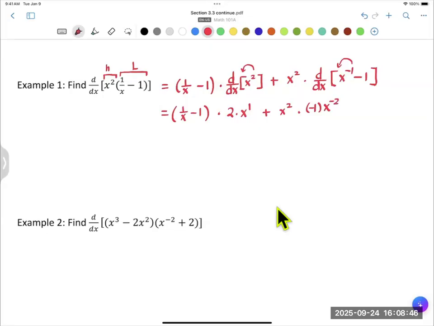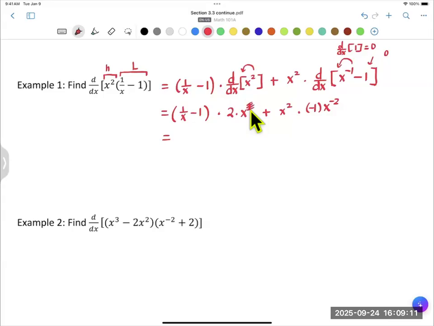And then the derivative of a constant is 0, right? Recall that the derivative of the constant 1 is 0. So that means you only have the derivative of x to the power negative 1, which is negative 1 times x to the power negative 2. And then now we're going to simplify. So x to the power 1, I don't need to write the 1.